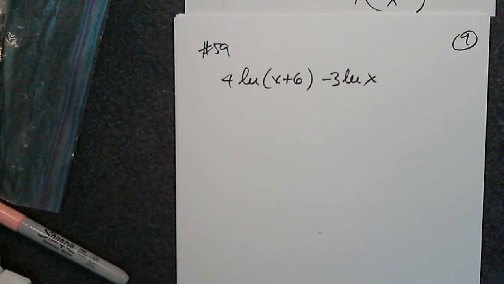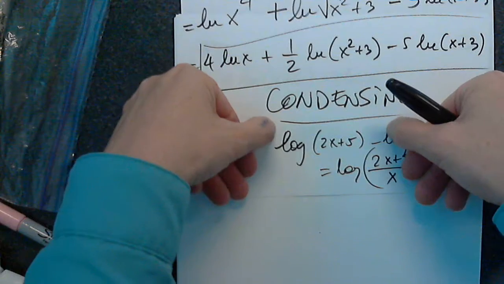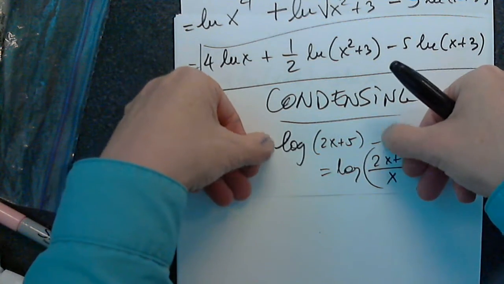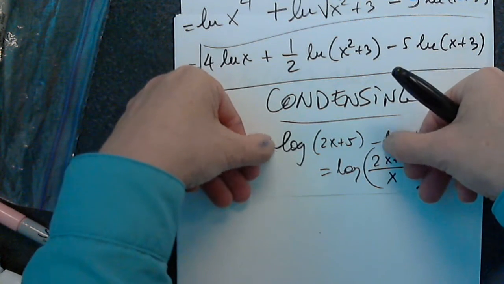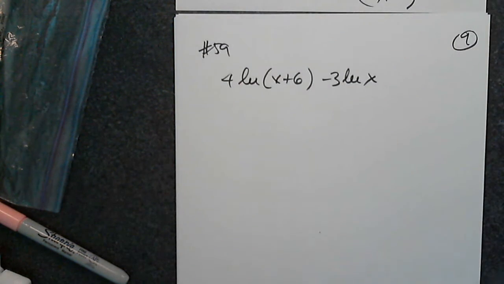But the difference of 2 logs requires removing the number in front of the log first. I cannot use the difference, or the quotient rule, if I don't have 1 in front. If it's not 1, I cannot come up with this. Which means that I have an intermediate step to take care of, removing the 4 and removing the 3.